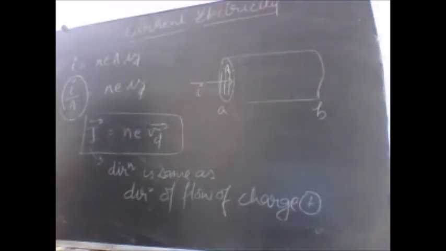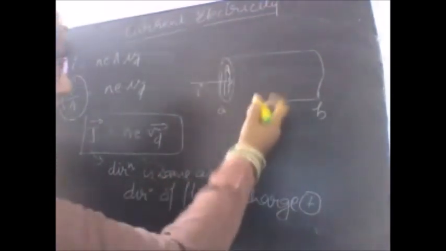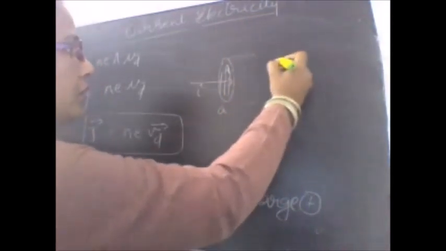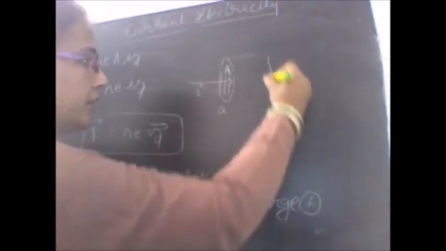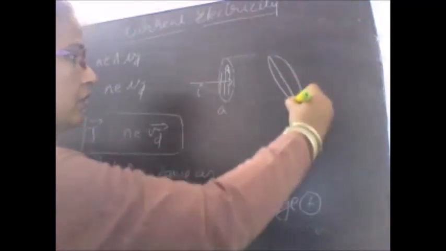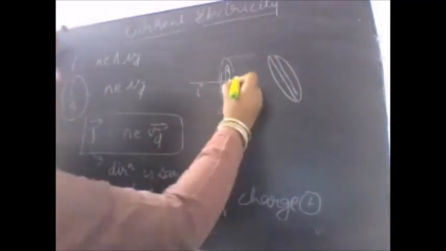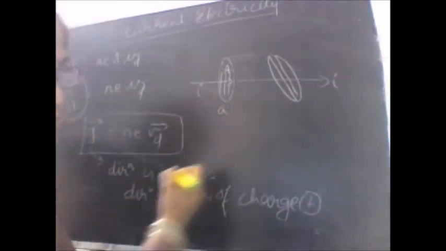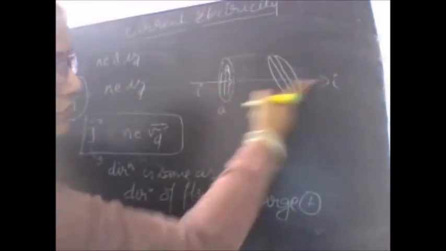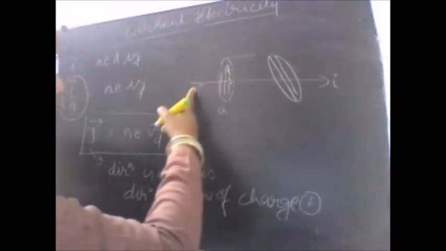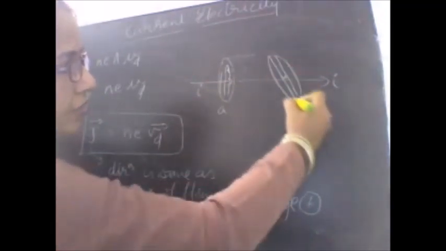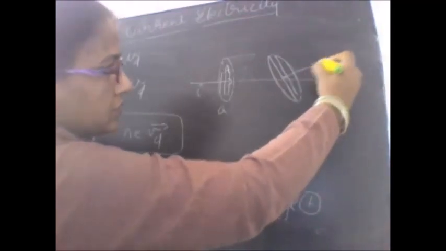Assuming that the area is not perpendicular, then what change are we supposed to do? Assume that I am given the area like this. This is the area. Now the current is entering this also. Of course, this is the direction of current here. Current is going the same way as it was going before. Now just look at this diagram. This is the area vector.